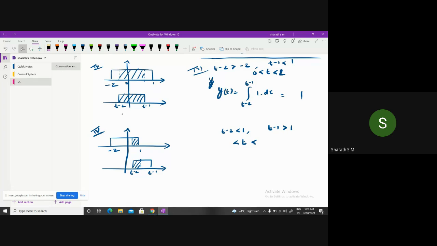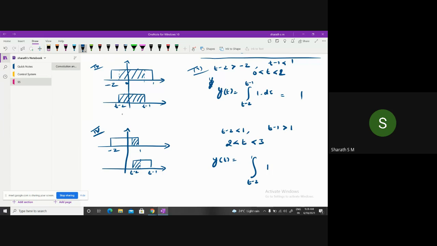T is between 2 and 3. So now what's the limit? T minus 2 to 1.